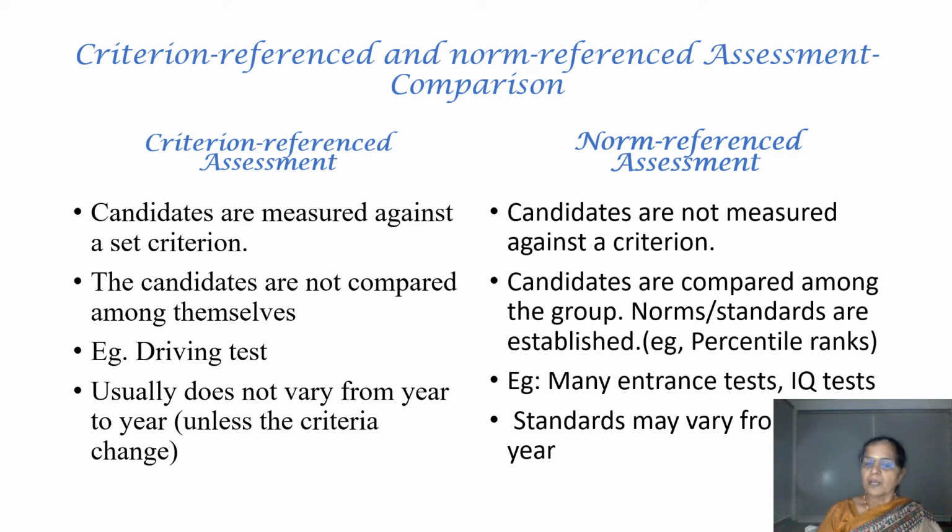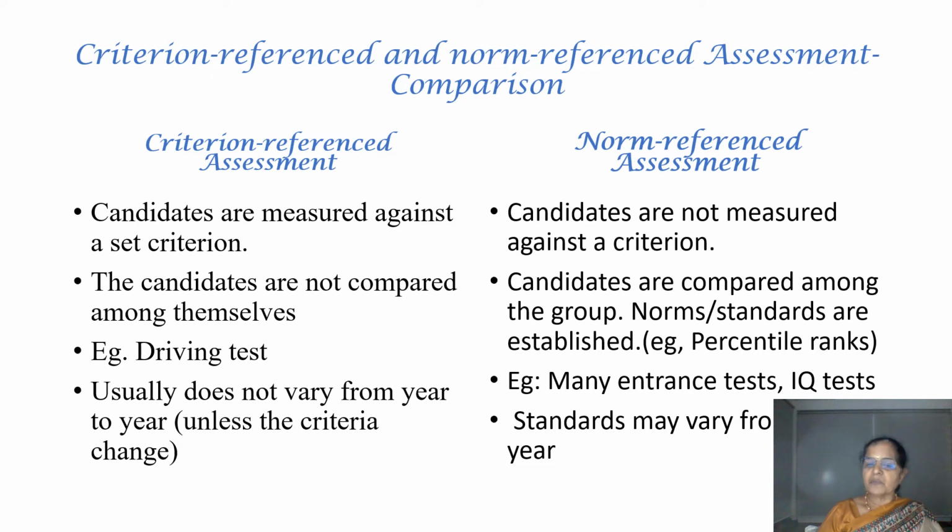For example, all the entrance examinations, which are of high stake value, have these norms or standards established. So all the scores are measured and tabulated and compared, and the norms are set like percentile ranks and Z scores and T scores. So they are compared, and these are called norm referenced assessment.